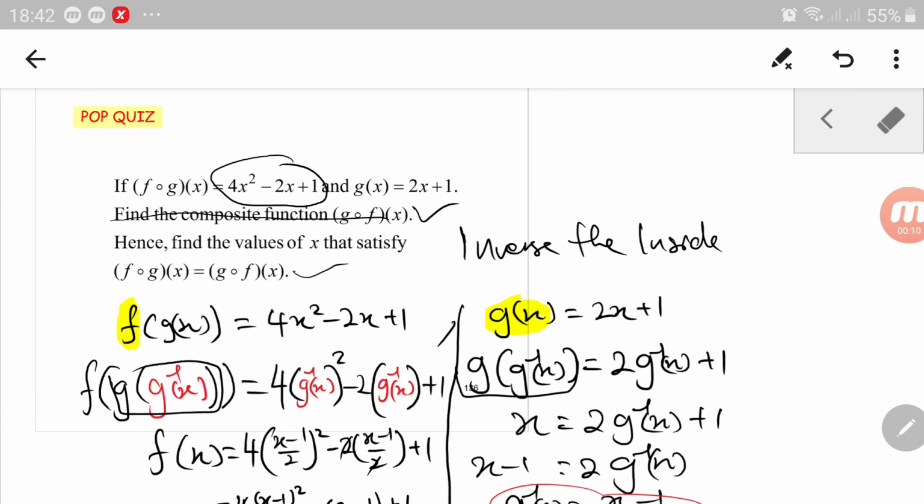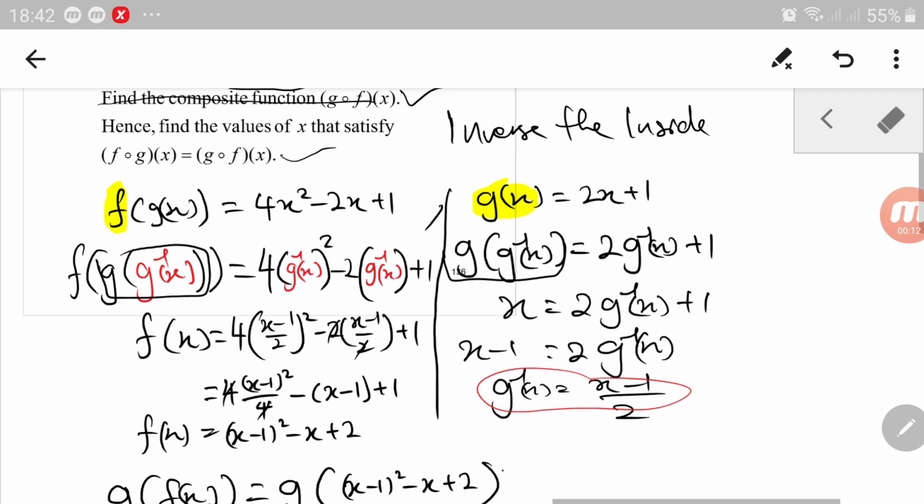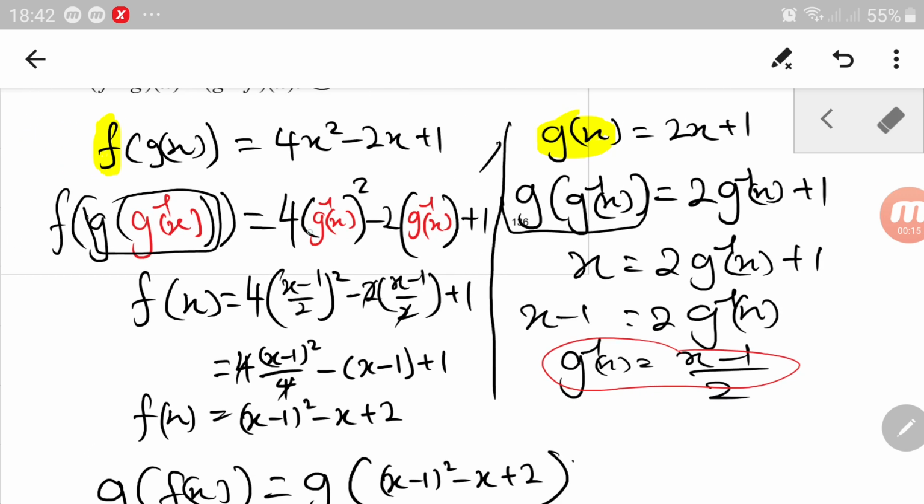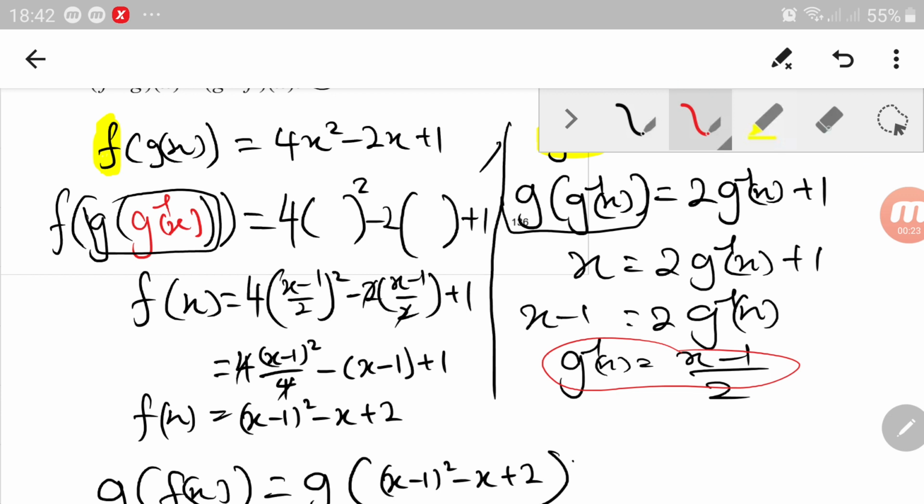Just a few corrections, not really corrections, it's correct already. I just don't want to confuse you. For this extra example, the first part, the composite part, you see I wrote here g inverse on the right hand side, right? This one is a little bit wrong. It's correct, but it will make you confused, because you get the inverse on the right hand side here. Now, what I'm trying to say is that this one you substitute here, because this one is on the left hand side, you substitute the left hand side also.